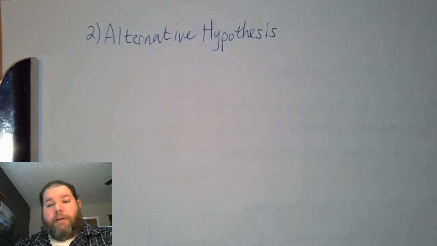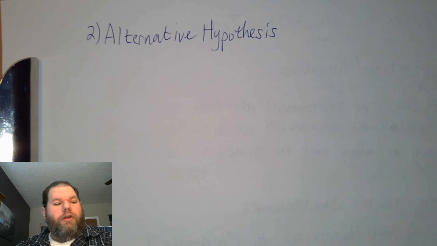The alternative hypothesis is a statement that really describes how we think a parameter has changed based on our new data.